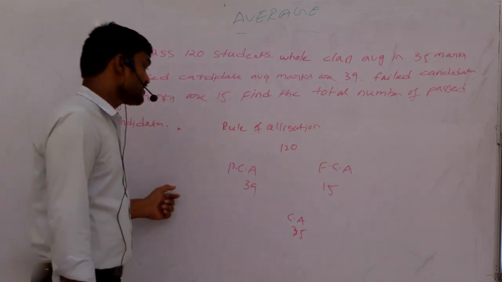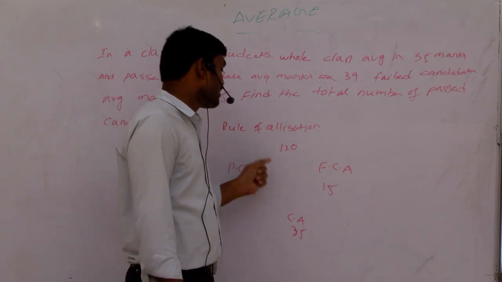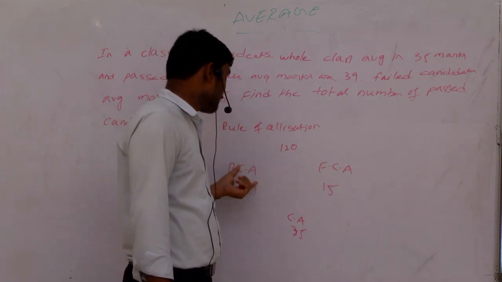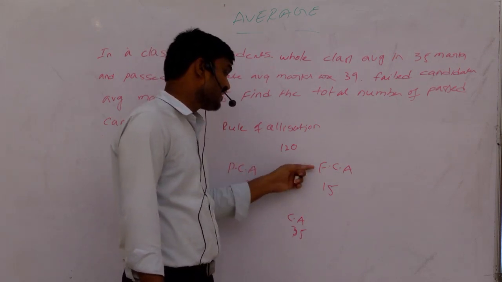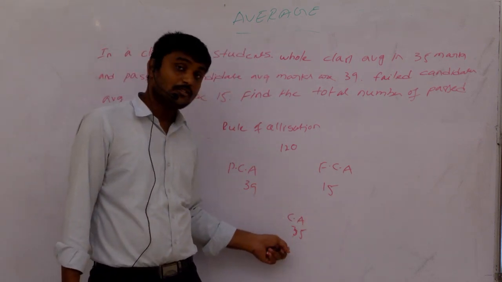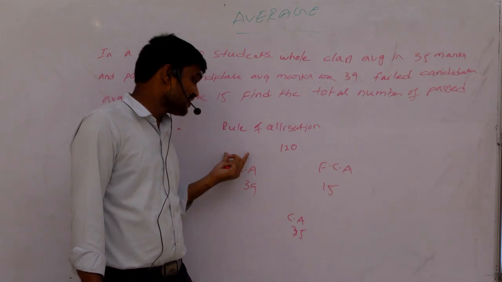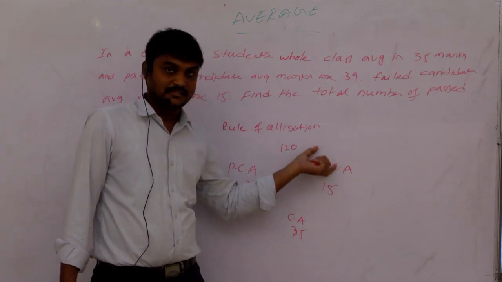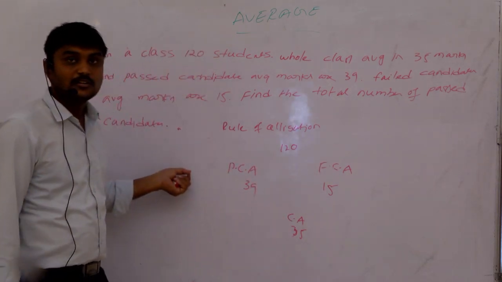So in the rule of elimination, suppose the total strength is 120. Passed candidates average here, failed candidates average here, class average here. So you can find how many passed candidates and how many failed candidates.